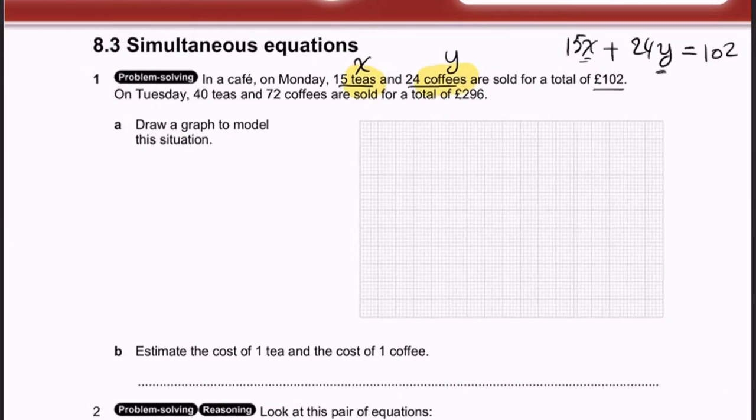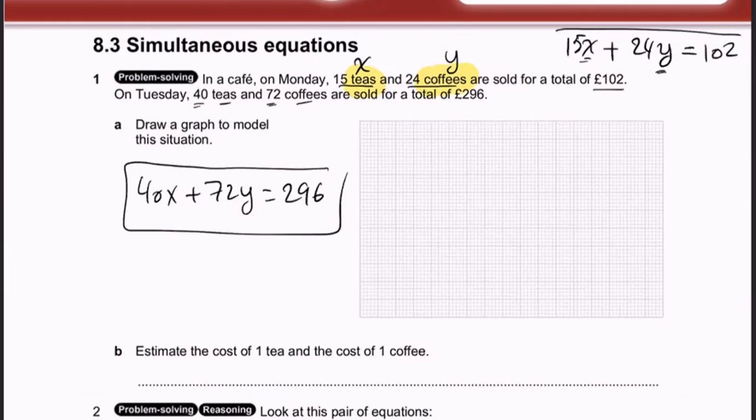Okay, on Tuesday 40 teas, which is x, so 40x, and 72 coffees, 72 y's, sold for 296 pounds. So now I have two equations, this one and that one. Okay. Draw a graph to model this situation.